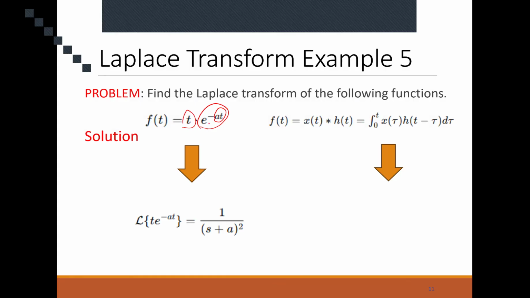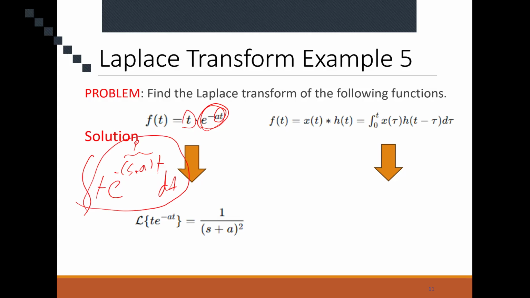If you do the integral, this e to the power of minus at is going to be mixed with that e to the power of minus s, so it becomes t times e to the power of minus (s plus a)t dt. Now, if you consider that as p, it is the Laplace transform of t, which is 1 over p squared, because we have p here. And p is s plus a.